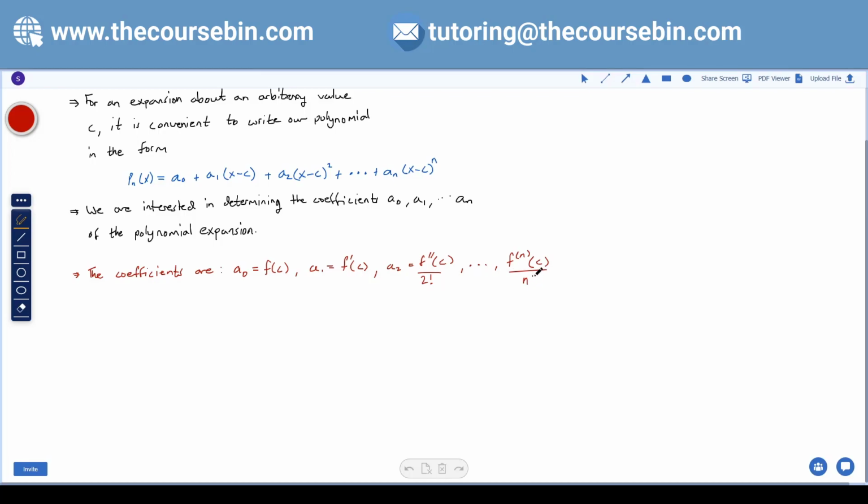Right, so this would be an. Okay, so your first coefficient, the a naught, is f of c, a1 is f prime, a2 is f double prime divided by 2 factorial, and so on and so forth until you reach a sub n, right? The nth derivative of f at c.